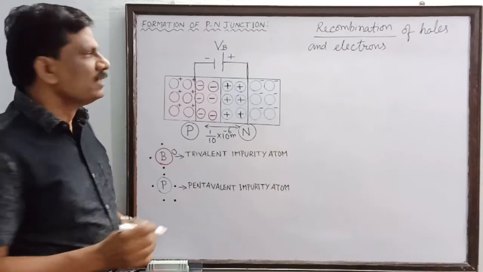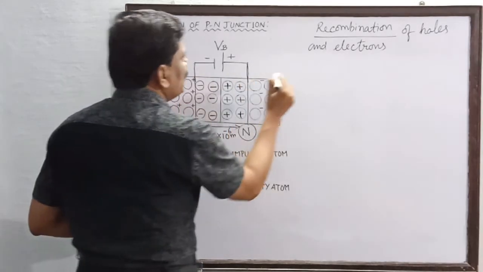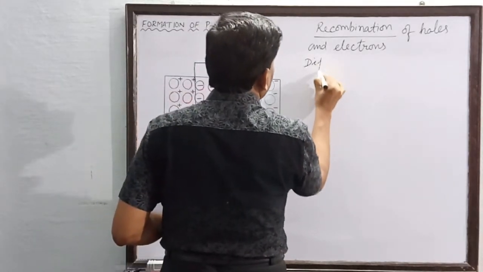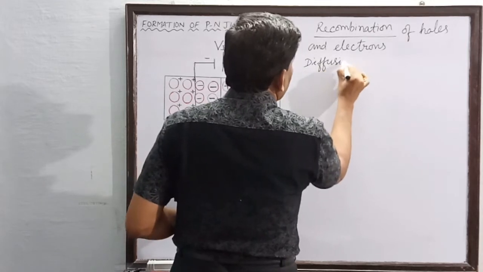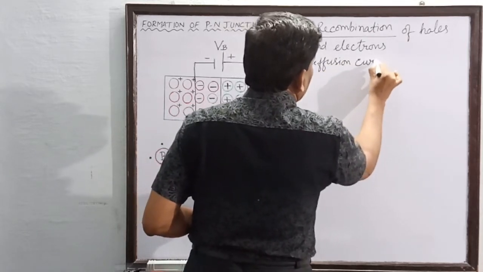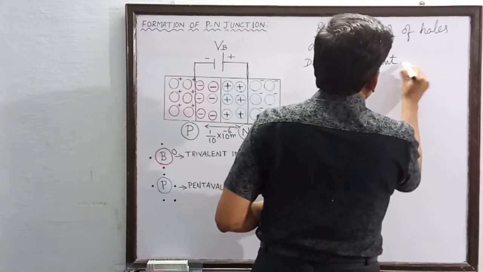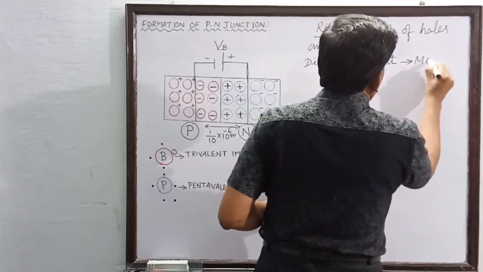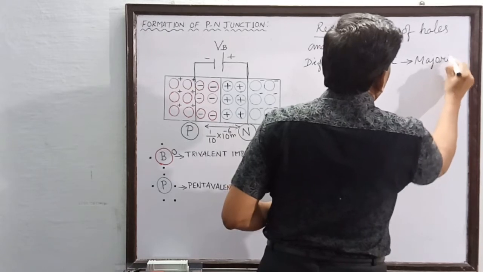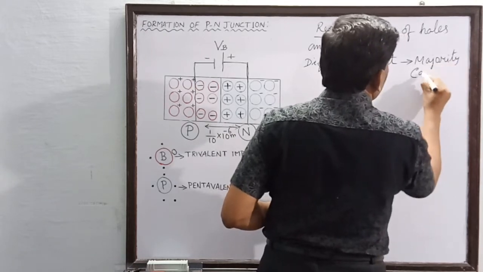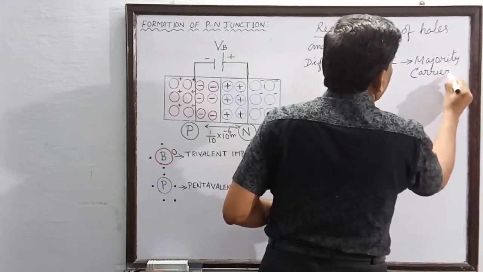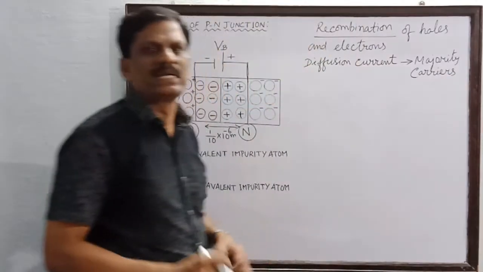Okay, students. So you see here this term diffusion current we have studied. This diffusion current will flow inside this p-n junction because of the majority carriers. Due to the flow of the majority charge carriers, the diffusion current will flow.